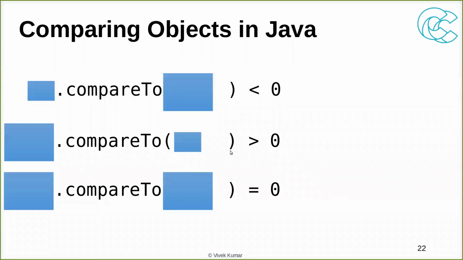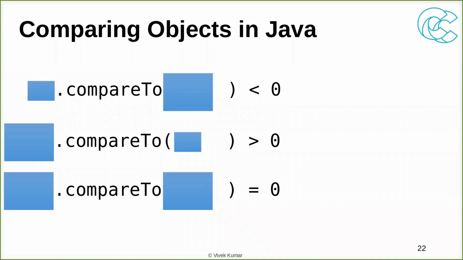So this compareTo method will take in, let's say, P1.compareTo(P2). So if P1 is less than P2 in some sense, and what that sense is, we need to define. So for example, in the case of employee, let's say the IDs are different, and P1 ID is less than P2 ID, which are integers.